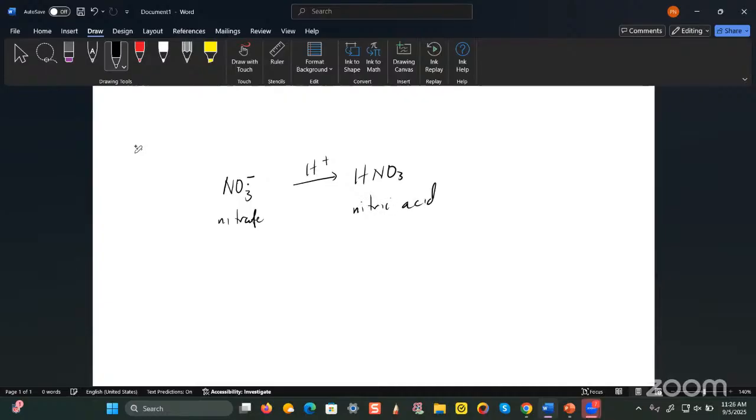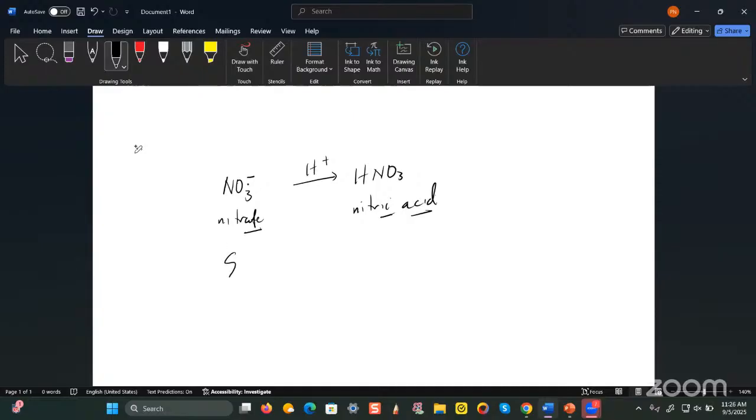All right. So you'll notice that the difference here compared to what we just looked at, in this case, the name of the anion ends with ATE, which means that the name of the acid ends with ic acid. So if the name of the anion ends with ATE, the name of the acid that is formed from it ends with ic acid.